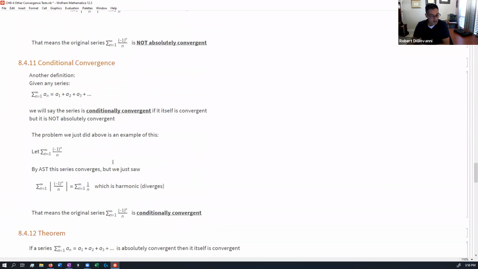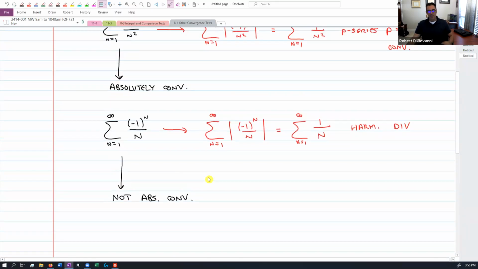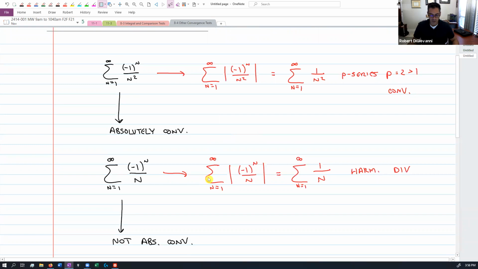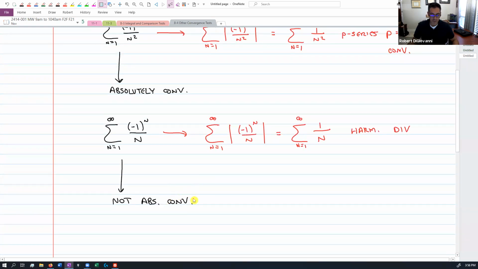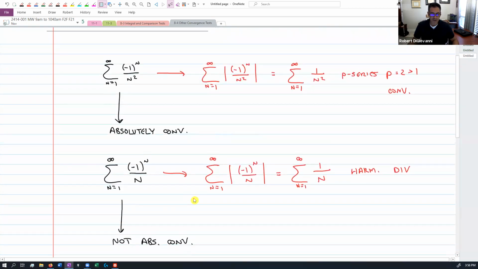Now we have this thing called conditional convergence. So given any series, we will say the series is conditionally convergent if it itself is convergent, but it is not absolutely convergent. Okay, what do we mean? Conditional convergence means that it itself is convergent.